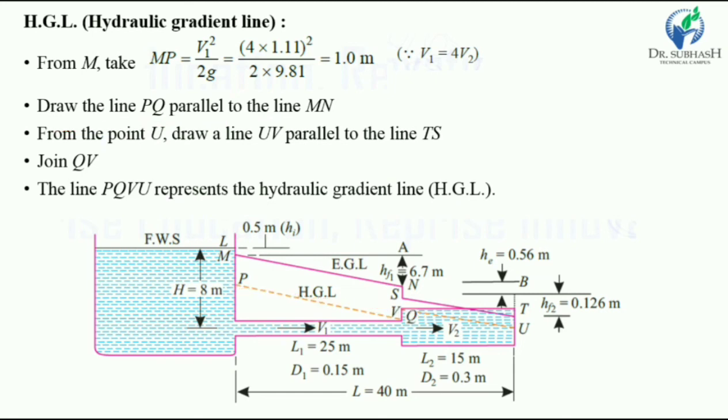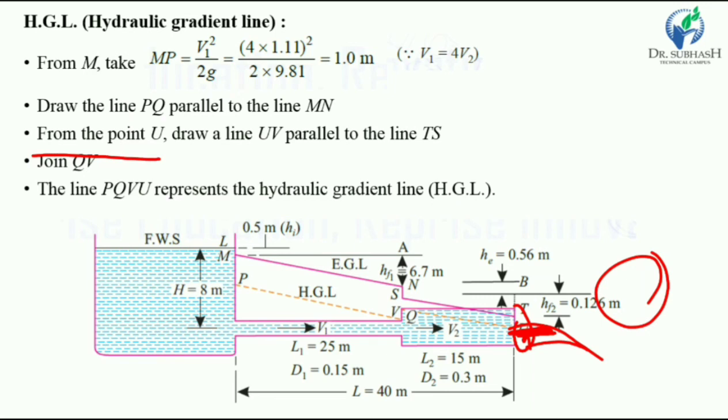Okay. Now next, from the U point, the U point is the center line of the end section or end cross section of the pipe. Why? At the free end or free section, when considering the energy, the pressure energy is 0 because the flow is free after that section.